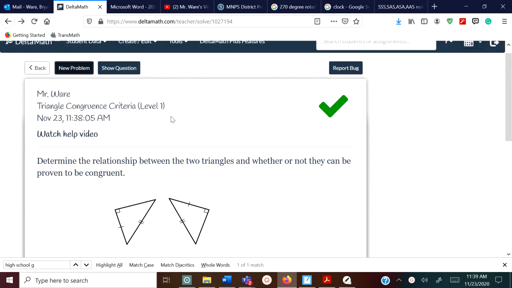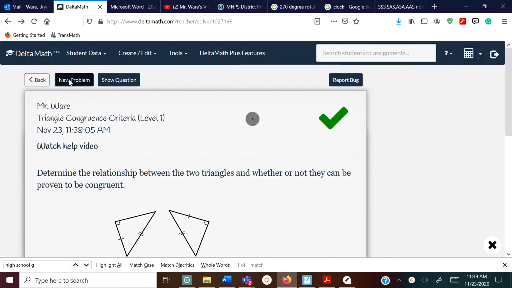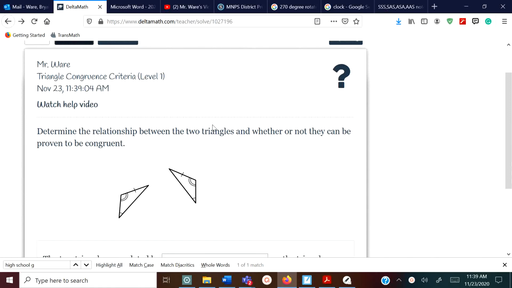Alright, let's take a look at another one. It says determine the relationship between the two triangles and whether or not they could be proven congruent.